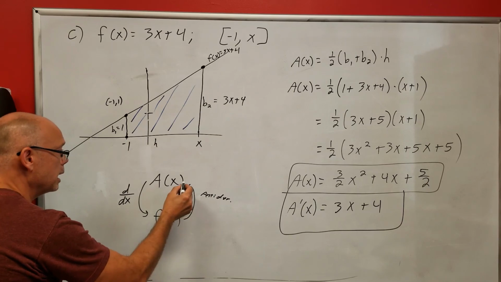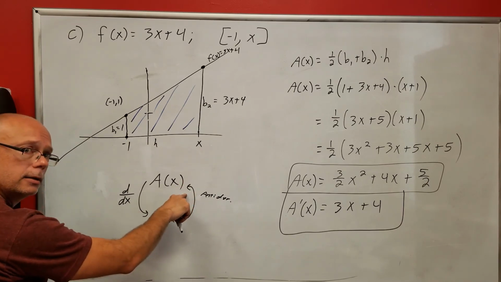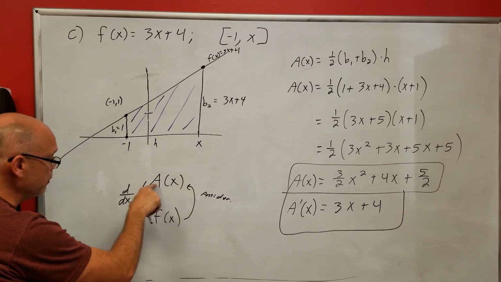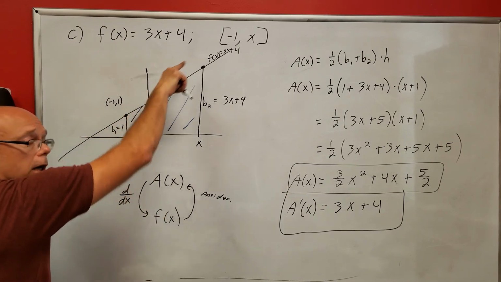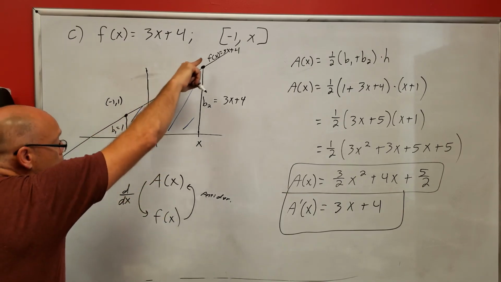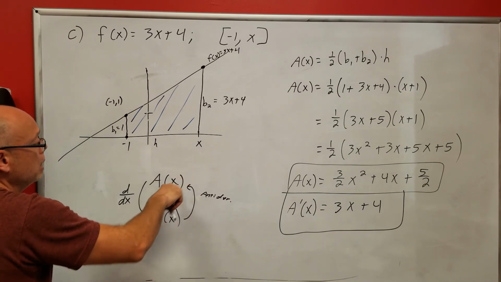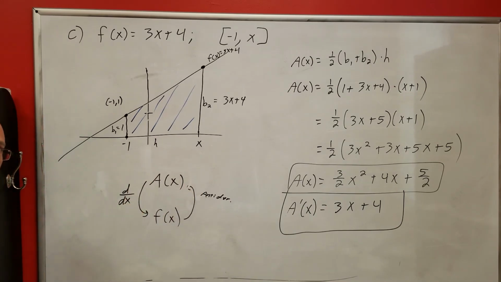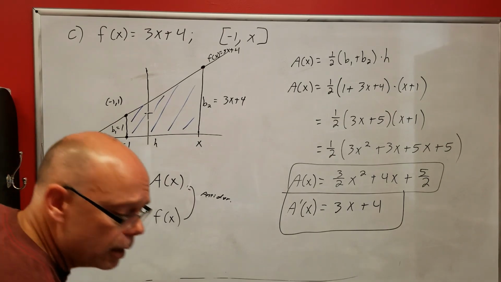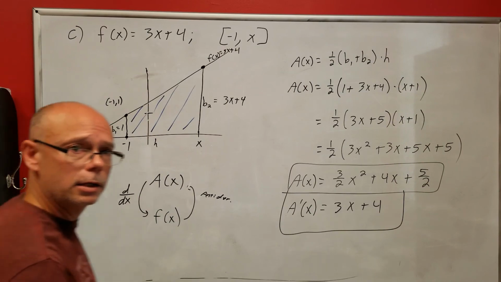What do I get? I get the area. So if I start out with the area function and take the derivative, I get the curve above it. If I start out with the curve above it and I take the antiderivative, I get the area function. For those of y'all going on to take Calc 2, this is very, very important. You're going to do a lot of that.